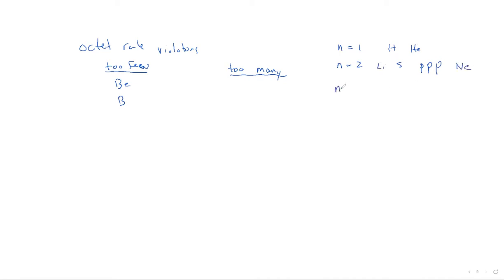So N equals 3. In the third energy level, you have your S, P's, and D's. And so we're talking about non-metals, right? Because we're talking about molecules.